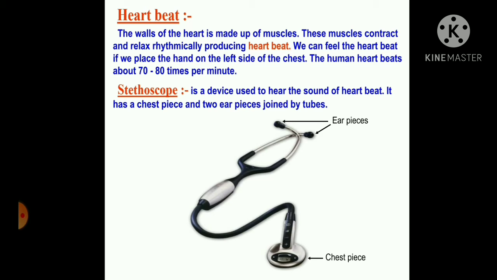It has a chest piece covered by a delicate diaphragm, and it also has two earpieces joined by tubes. So this is a device that has mainly two earpieces, one chest piece, a delicate diaphragm, and a tube that joins them. And this device is used so that the doctor can hear the heartbeat.